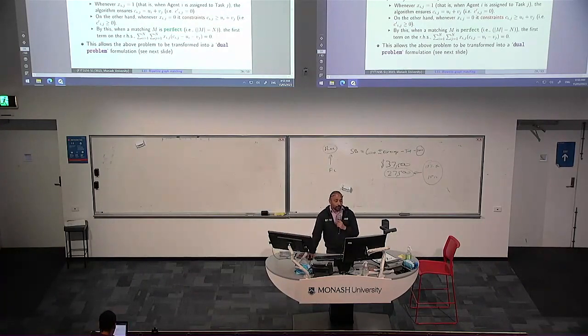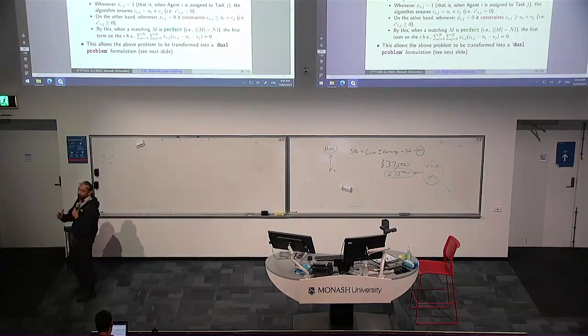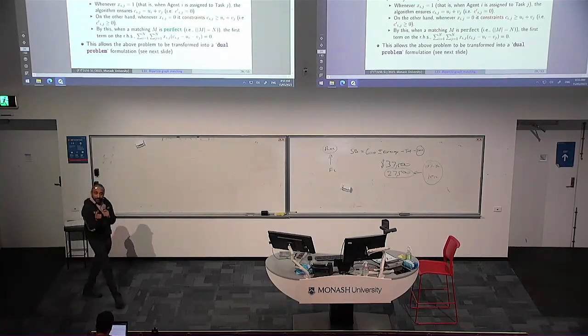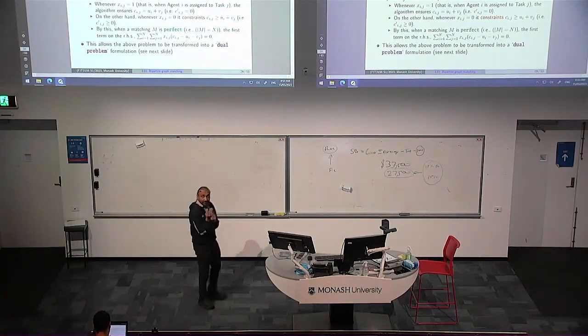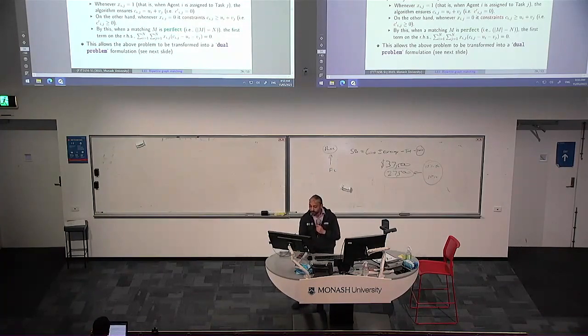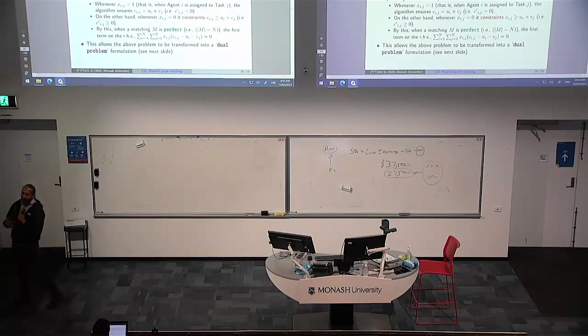So now, the Hungarian algorithm does something clever. It says, how do I change this problem of minimizing the original objective to a different form, okay? So that whenever I'm making an assignment, whenever xij equals 1, those ui and vj's are so selected that reduced cost becomes 0. So how do I select ui and vj?